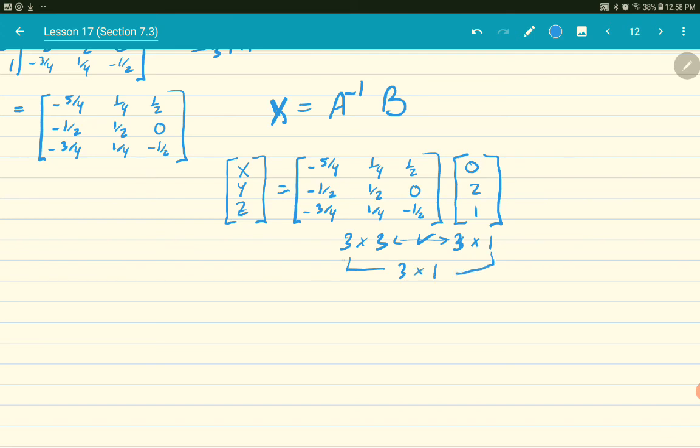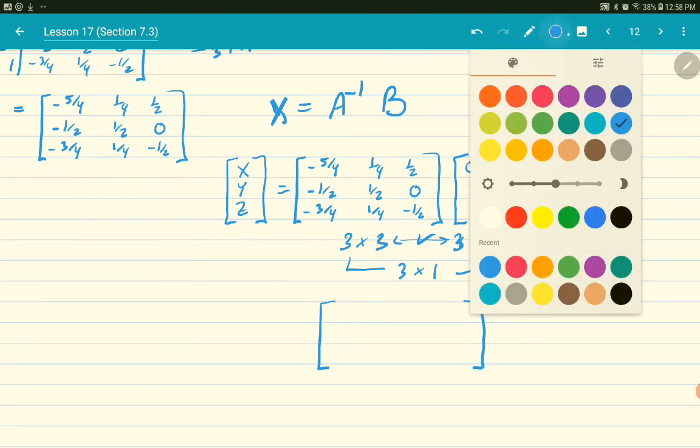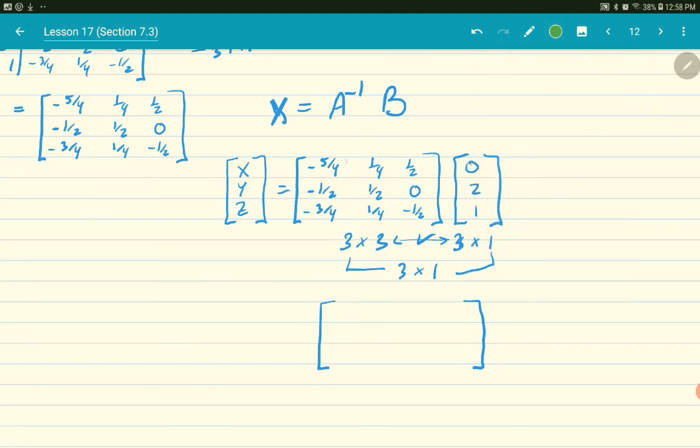I'm going to make it a little wider because I want to show my work in it and then simplify. Our top element is going to be the first row on the left times that column. There's only one column, so that's the 3 by 1.